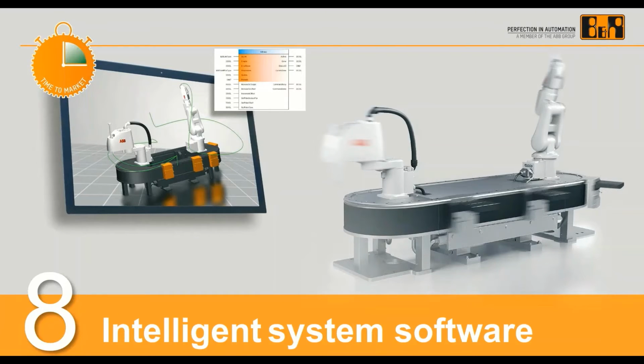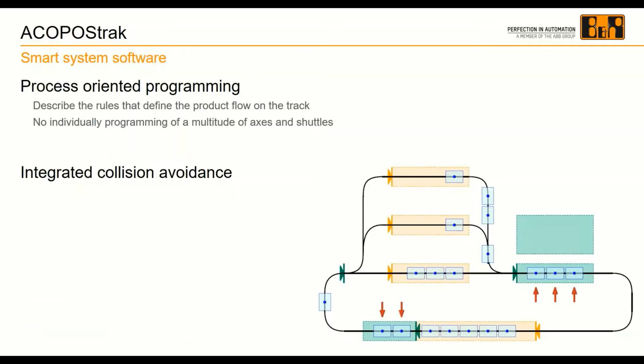The software behind the track is just as important as the hardware. So let's talk a little bit about that. Really the way the track is programmed is based on the manufacturing process. So you can define where different processes, for example, filling, capping, labeling, are going to occur in the system.